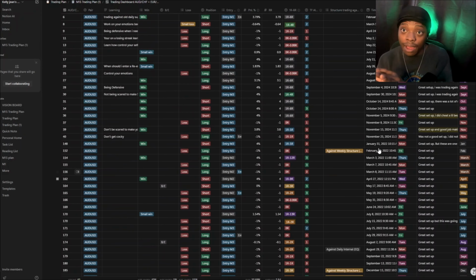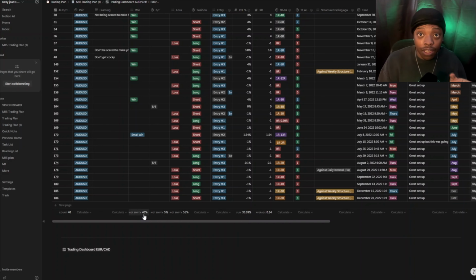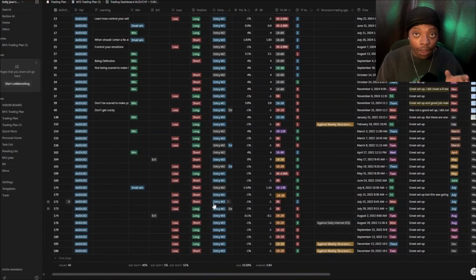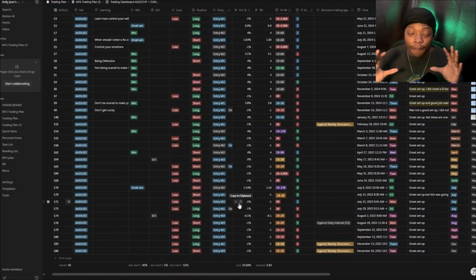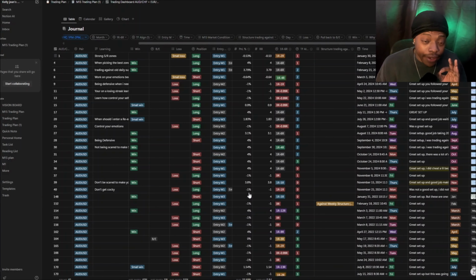Now, there's a lot more filters that I have in there that can potentially increase this to maybe a 50% win rate. But one warning before using this journal and thinking you can refine to the max: the more you refine, the less trades you get.